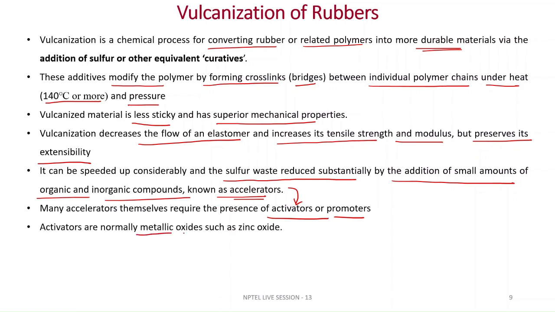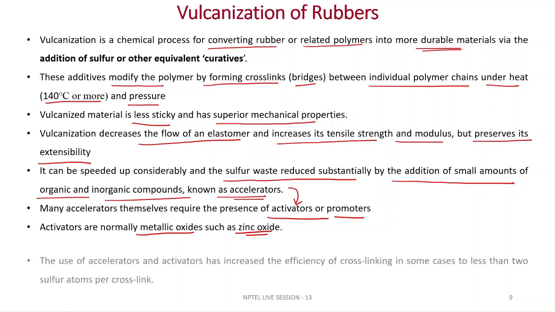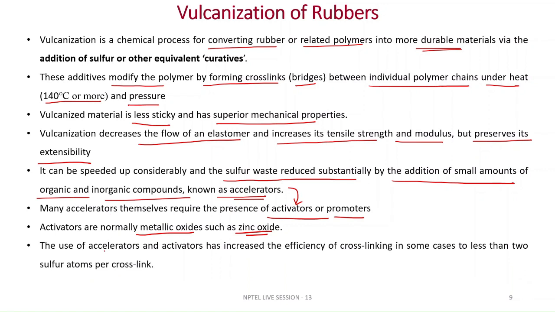Activators are normally some metal oxides such as zinc oxide. There are other activators as well. You have to choose based upon the case. The use of accelerators and activators has increased the efficiency of cross-linking between the individual polymer chains, in some cases to less than 2 sulfur atoms per crosslink.